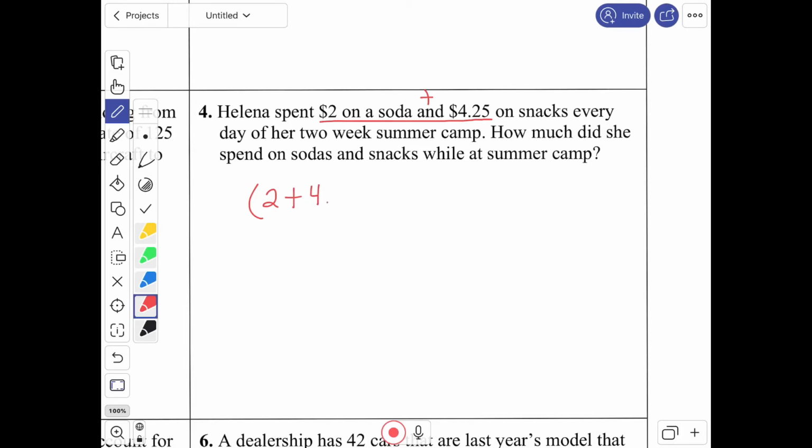And means we're going to need to put those together. So 2 plus 4.25. And I put that in parentheses because I know I need to do that first. And it says every day for 2 weeks. So every day times 2 weeks.